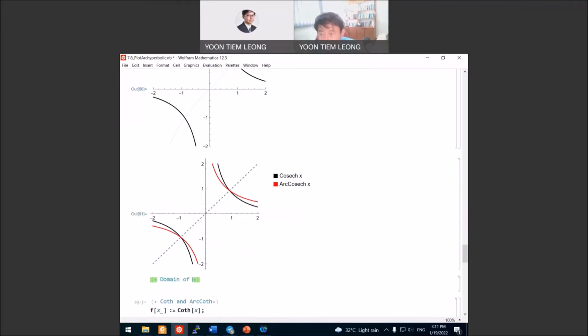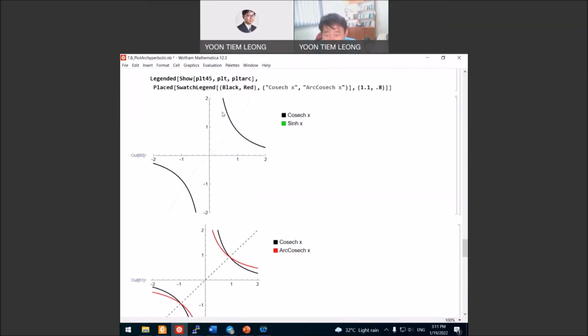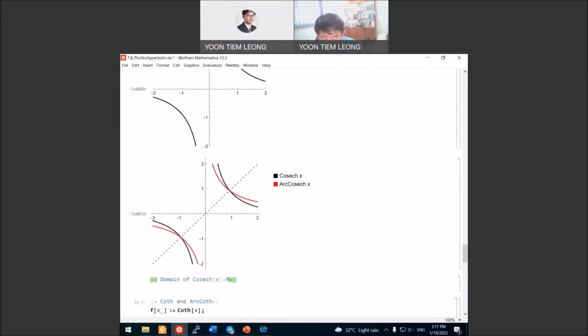So I'm going to write it down. The domain of the hyperbolic cosecant function is real, just the real values, defined for all x except 0.